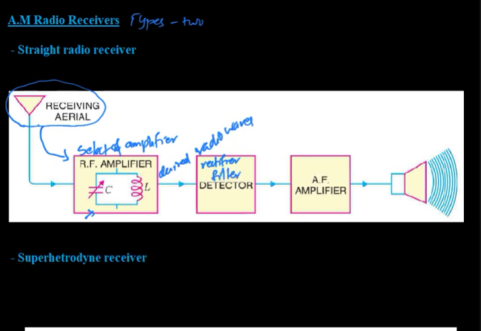This rectifier removes the negative half cycle in the radio waves, and the average value of the positive half cycle thus obtained will have the same property as that of the audio signal.